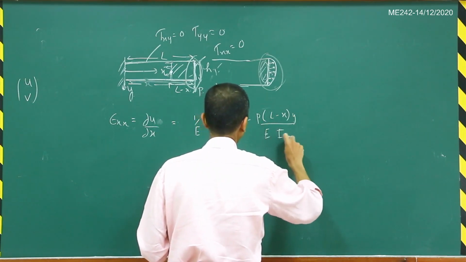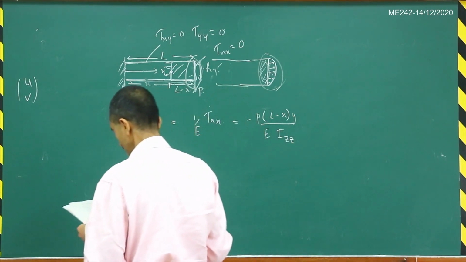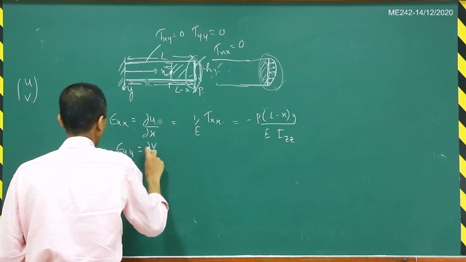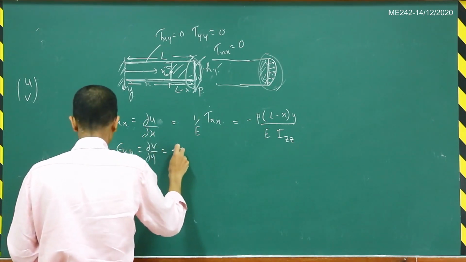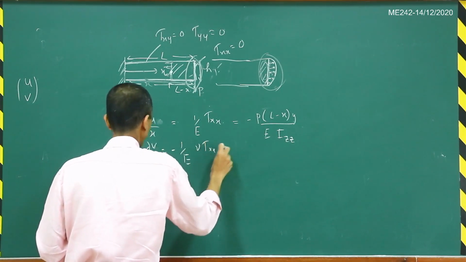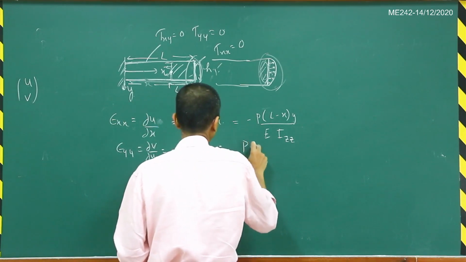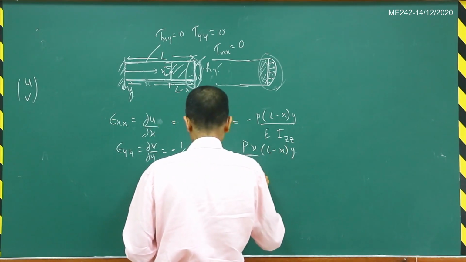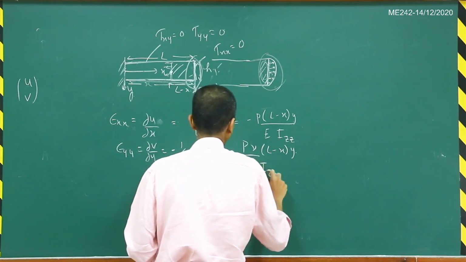So this is equal to minus P times (L minus x) times y divided by E I z. And epsilon yy is equal to del v by del y, which is equal to minus 1 by E times mu times tau xx. So this is P times mu times (L minus x) times y divided by E I z.